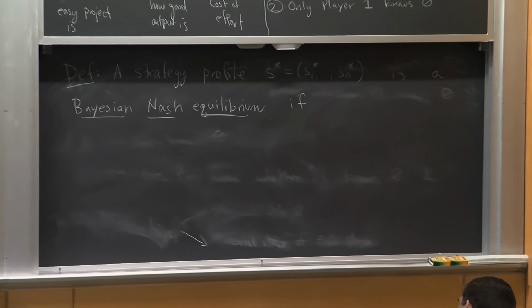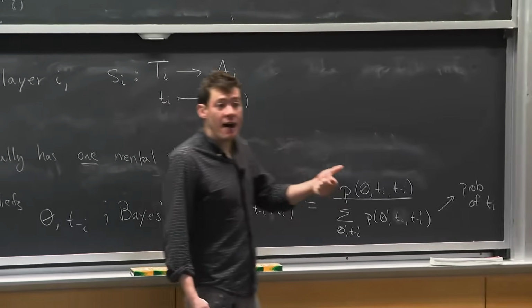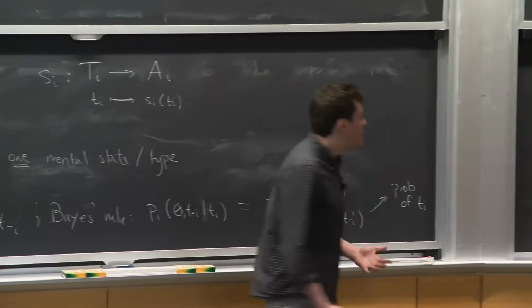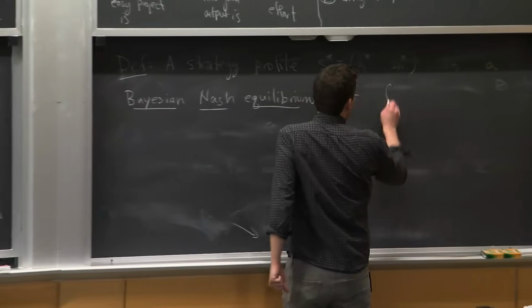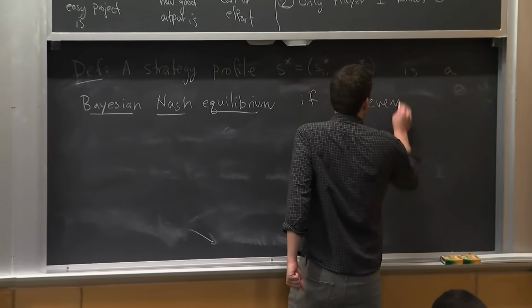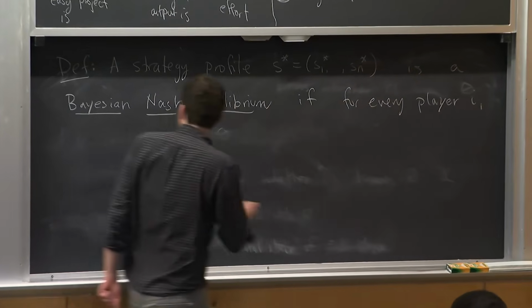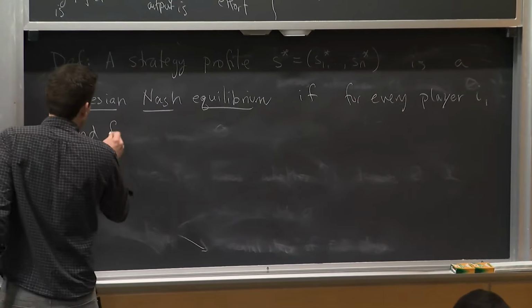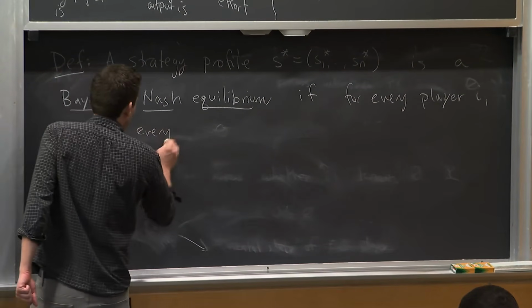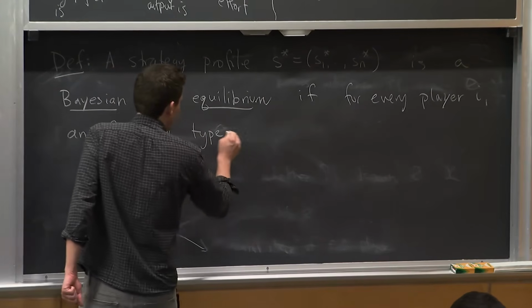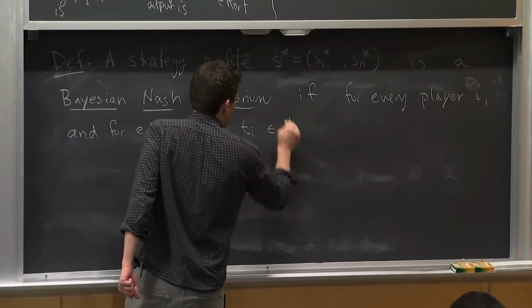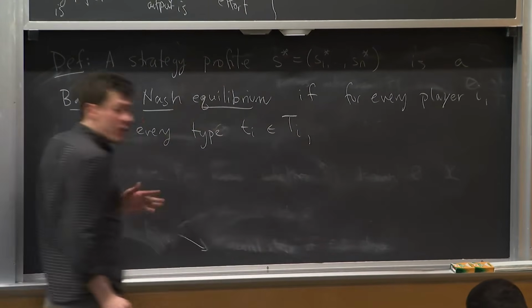So what we want to say is that for every player and for every mental state that player could have, they're behaving optimally. So for every player i, and for every type ti in capital Ti, the following holds.